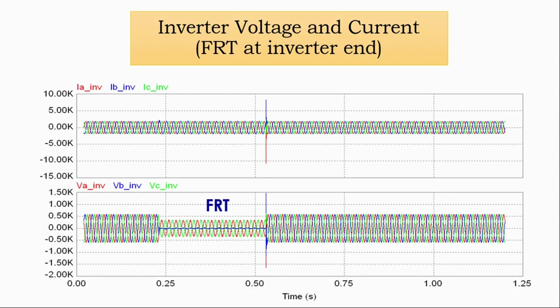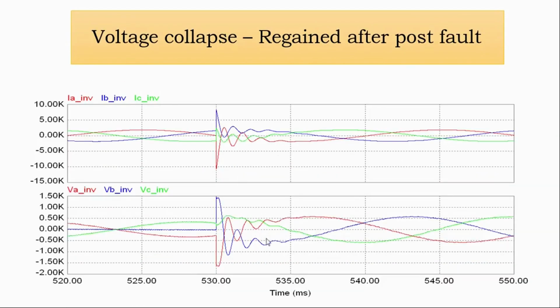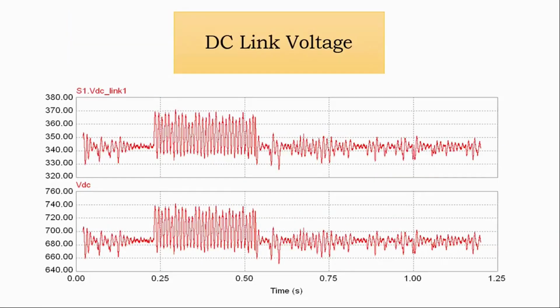So we should design this FRT topology such that the voltage is regained before the relay may trip. I repeat, the relay may trip. Over here, this spike is very small, so it would be regained. Regaining means reconnecting the turbines during the post-fault condition.